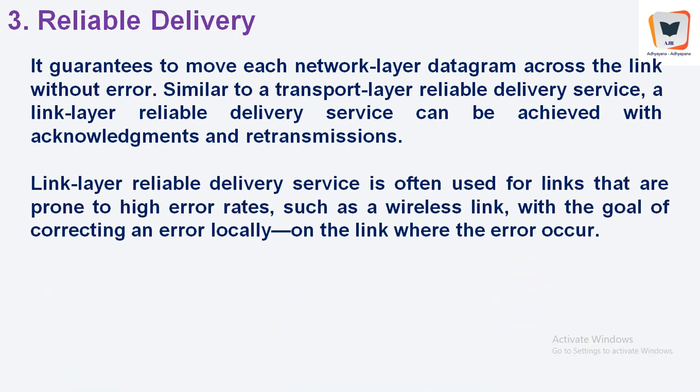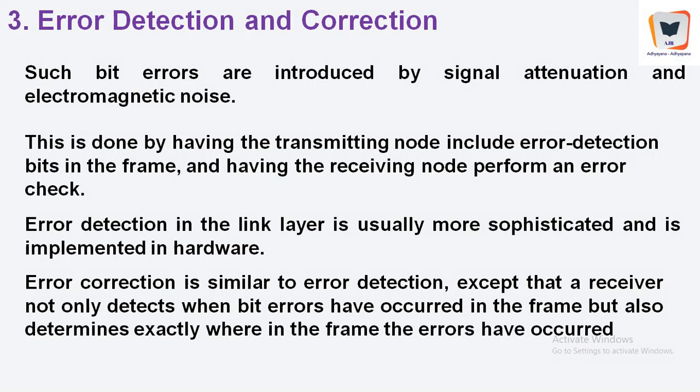And let us remember that this link length happens to be to the tune of kilometers. However, link layer reliable delivery can be considered as unnecessary overhead for low bit error links, including fiber, coaxial cable, and many twisted pair copper links.